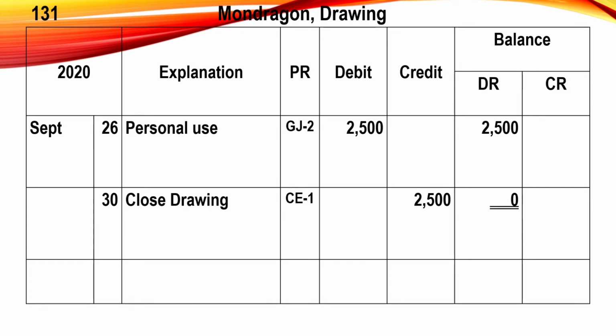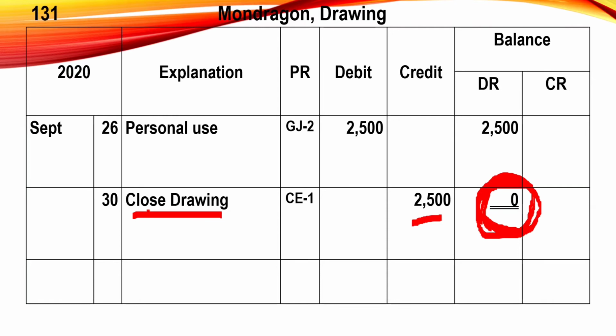Next, we have the Mondragon drawing. This is what I said a while ago, that we need to close it to zero. We need a proper closure because you cannot move on without having a proper closure. So, in here, to close drawing, we credit it. Its balance is debited, 2,500 minus 2,500, the total is 0.